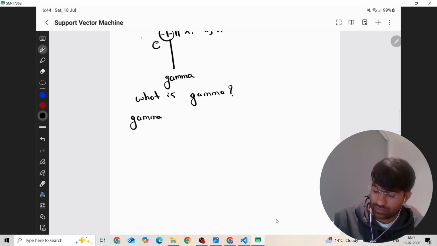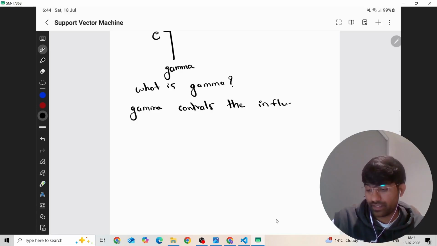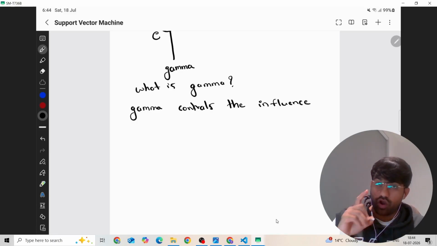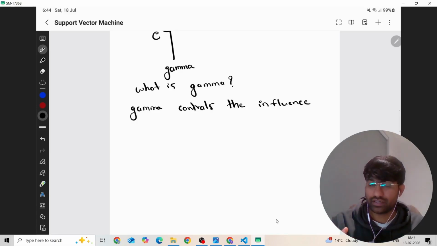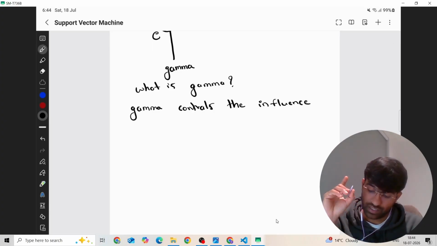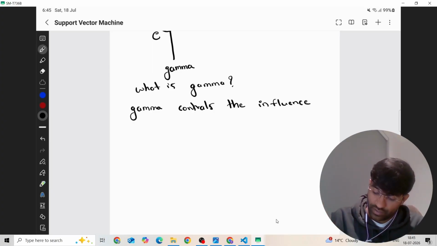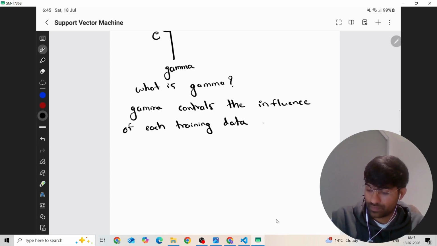Gamma controls the influence of each training data point on the decision boundary, when creating a hyperplane.